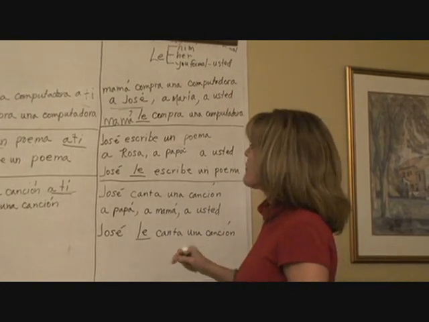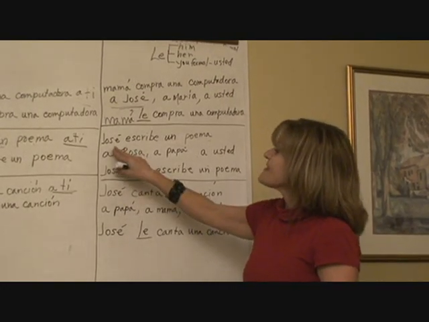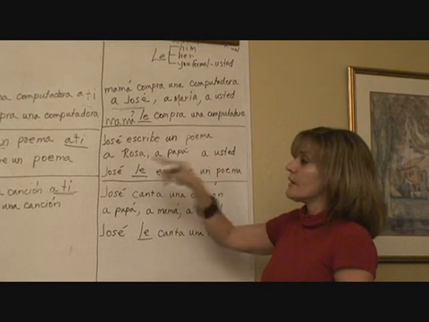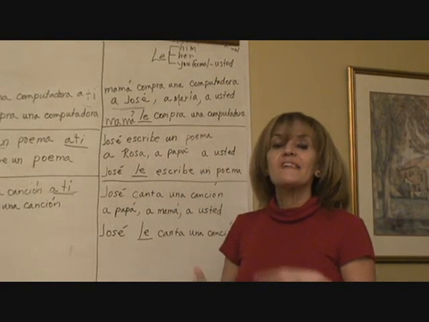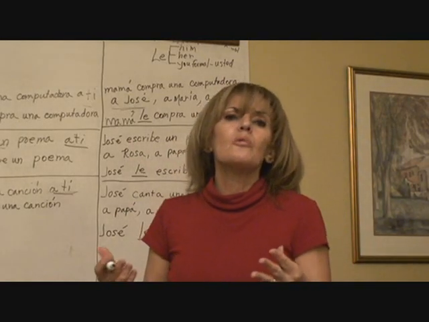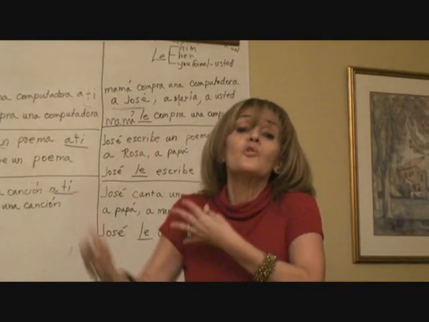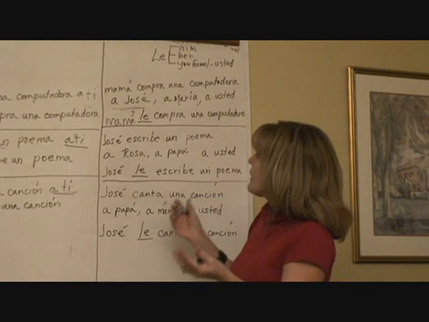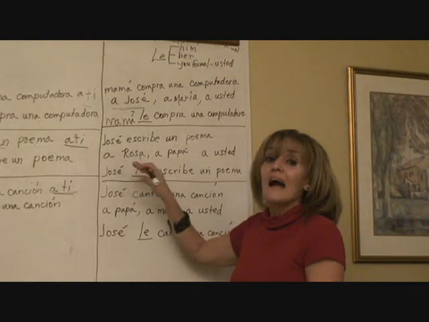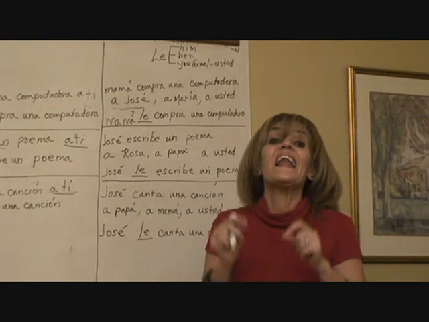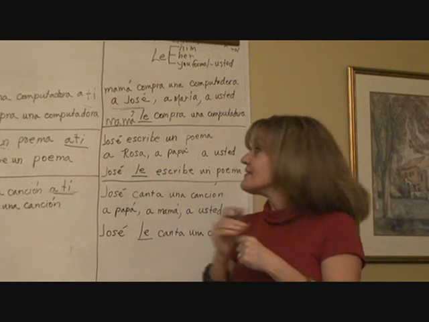I have two more examples, actually. José escribe un poema, same as the other one. José writes a poem. Where is the poem, which is the direct object, going? For whom is he writing a poem? Well, he's writing a poem for Rose, a Rosa. José le escribe un poema. Isn't that nice?